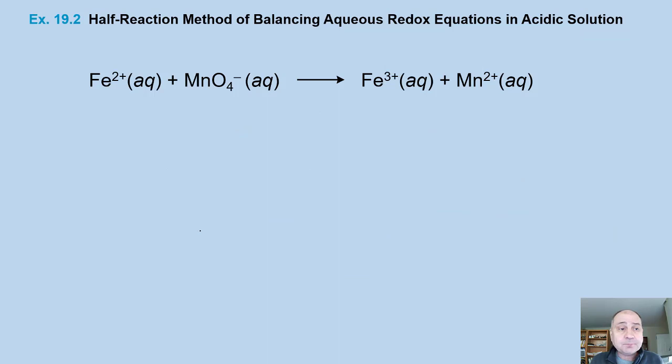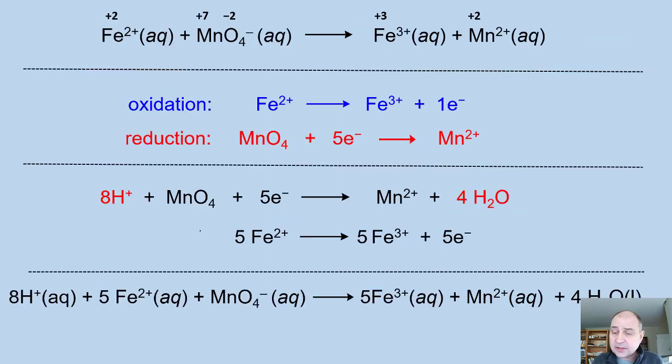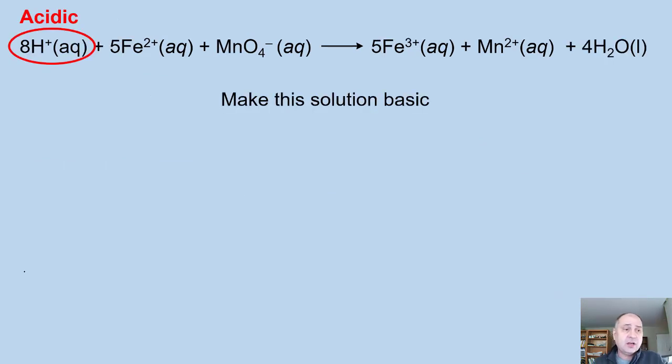Here's just the summary, but if I now was to do this reaction in basic solution, all I need to do is neutralize the 8 hydrogens here, and that's what makes this acidic.